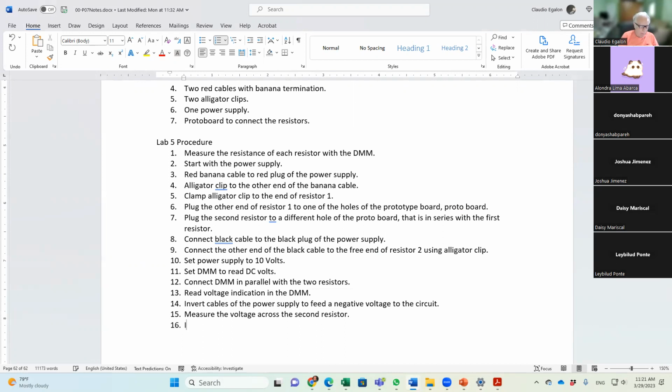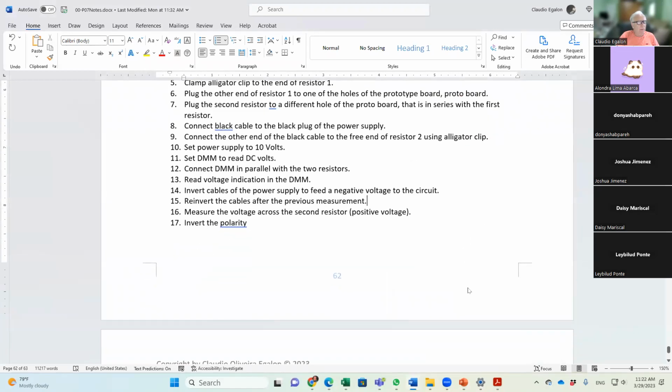Okay, invert the polarity, positive value, positive voltage. Invert the cable supply, and before you do that, reinvert the cables after the previous measurement. Measure the voltage across the second circuit, invert the polarity, and take the negative measurement.